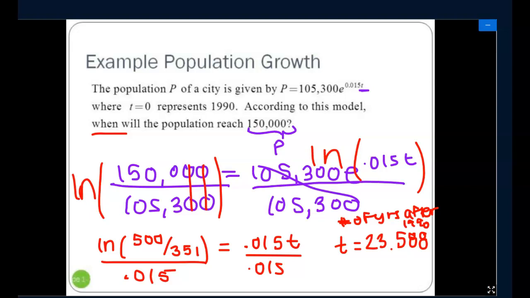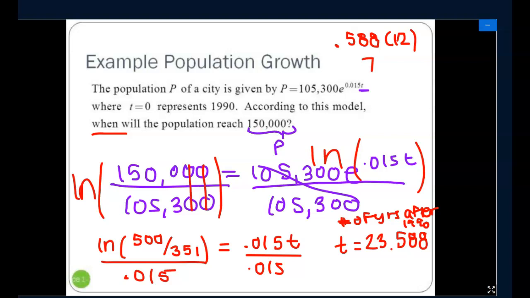So that would have been 2013, and the 0.588 would represent the number of months into the year. So you could convert that into months by taking 0.588 times 12. So you're 12 months in the year, and you get 7.